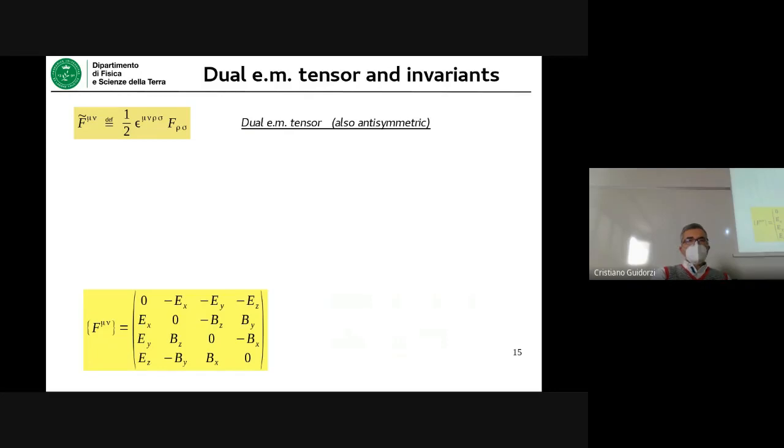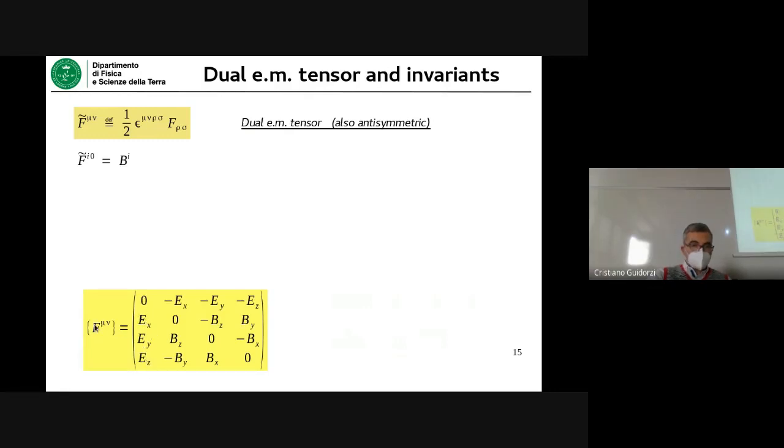So why is the dual tensor important? First of all, let's have a look at what it looks like. For example, if you consider nu as 0, it means that you take the ith row and the 0th column.